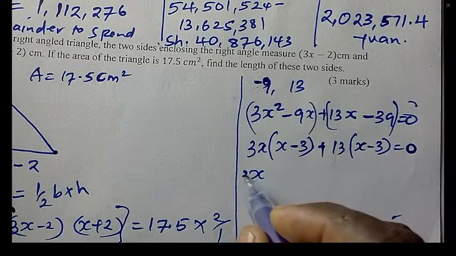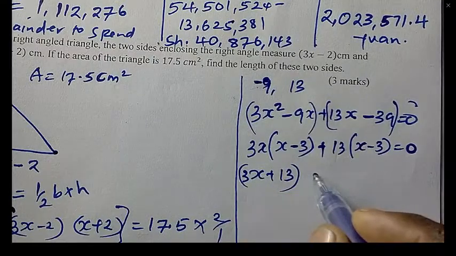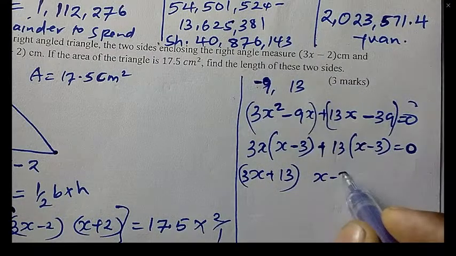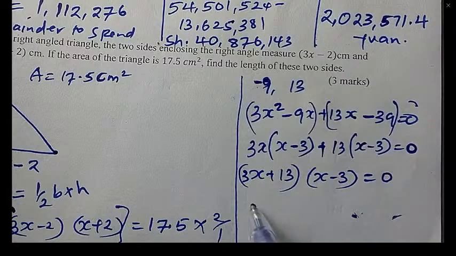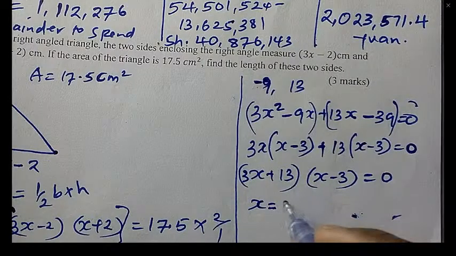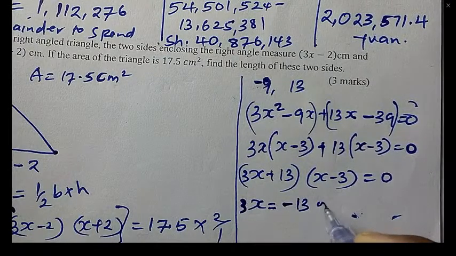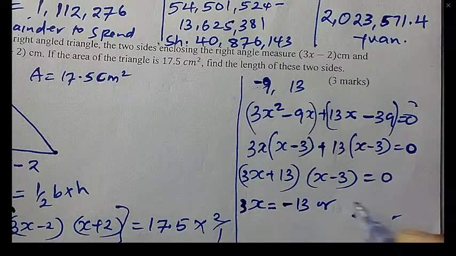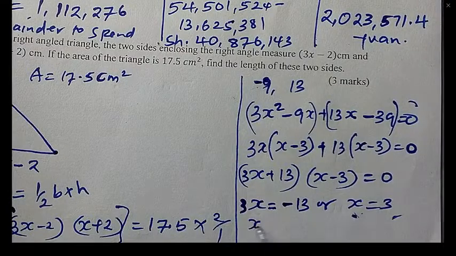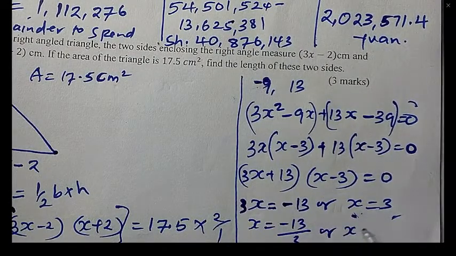So 3x plus 13 into x minus 3 equal to 0. So x is equal to negative 13 over 3, or x is equal to 3.